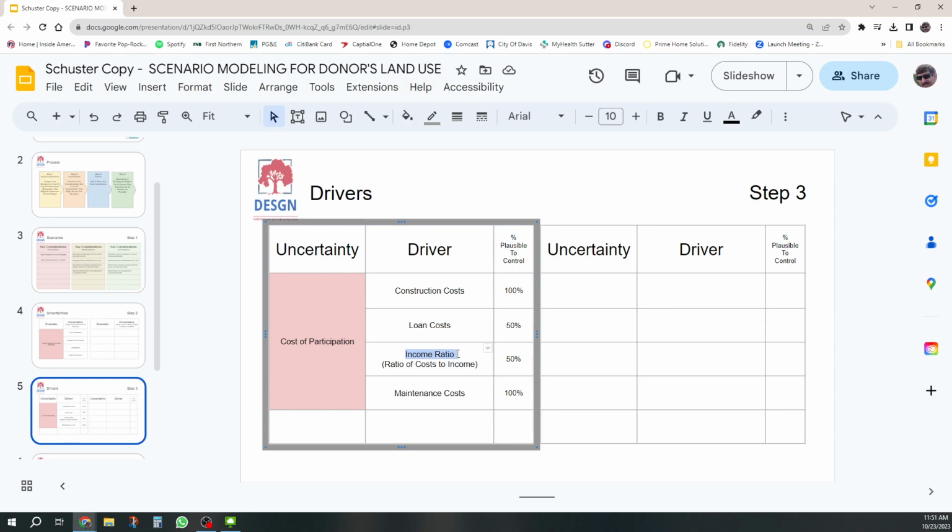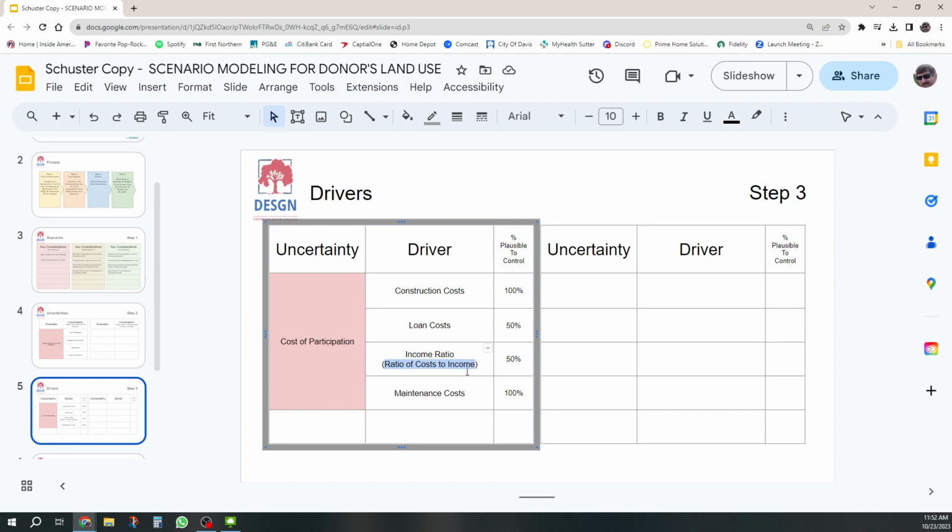And then income ratio. You know, no matter what, there's got to be some income. So we've got these costs, which we do have some control over. But incomes, we don't have a lot of control. We know what the minimum is, but we don't know how many hours somebody can work and what some of the other costs that go into these ratios of costing.